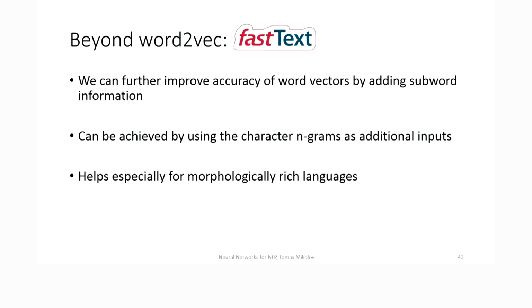It's very useful, especially for languages other than English, when you have less training data and when the structure of the word is much more complicated than in English. For example, all the Slavic languages can have much better representations when you train with the character n-grams as additional input.